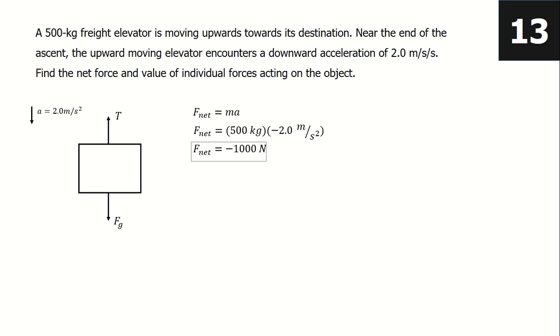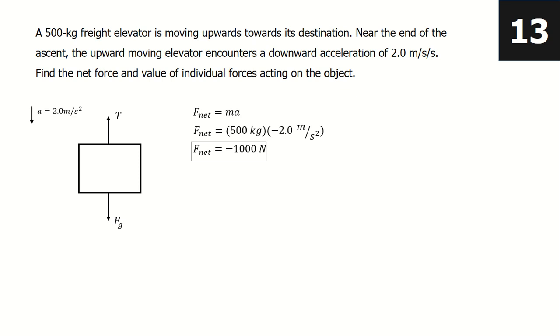Since we have the value of the mass and the acceleration, which is downwards, let's put a negative on that 2 meters per second squared. My net force is, of course, also negative. The direction of the net force should be the same as the direction of the acceleration. So 500 times 2 will be 1,000 newtons.